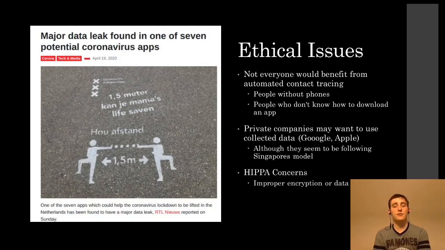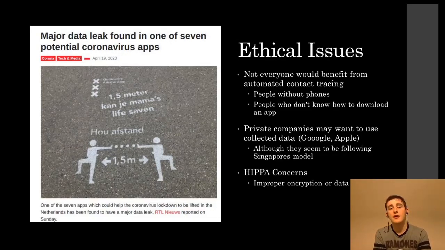There's also some health privacy law concerns. Improper encryption or data leakage is an issue that we have to think about whenever we deal with health records or health information. And there have been some data leaks concerning coronavirus apps or apps built to stop the spread of coronavirus.